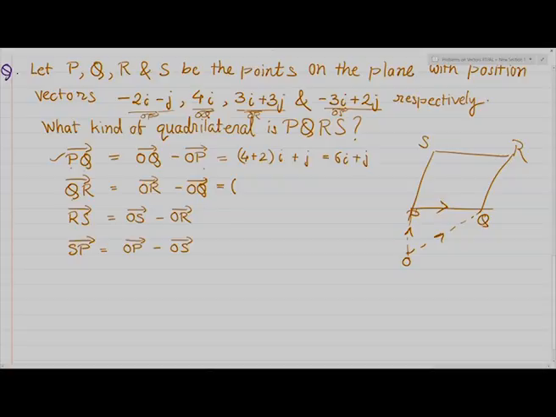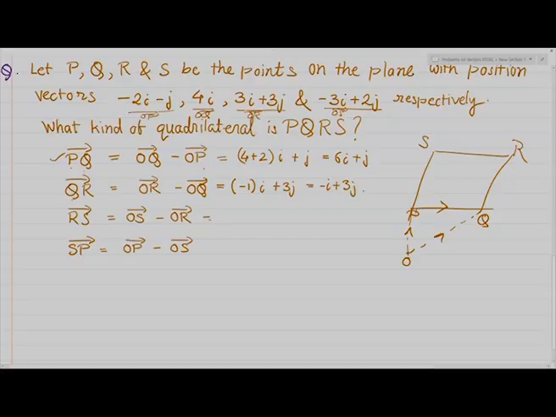So 3 minus 4, which will be minus 1i, minus OQ bar. What is OQ bar? 4i, so there is nothing to subtract, but this has 3j, so it will be plus 3j, okay. So this is minus i plus 3j.